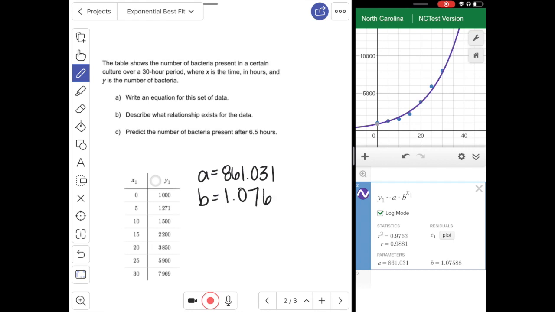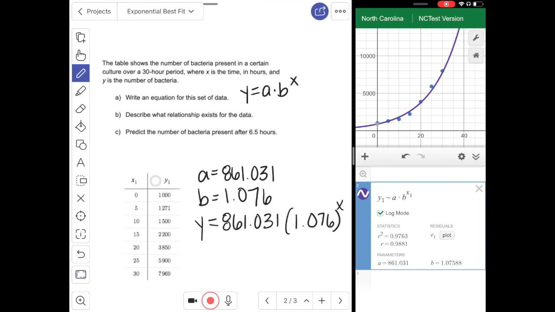So I'm going to write that equation. I'm going to put it in that format, y equals a times b raised to x. So I have y equals 861.031 times 1.076 raised to x. That is my exponential best fit model.